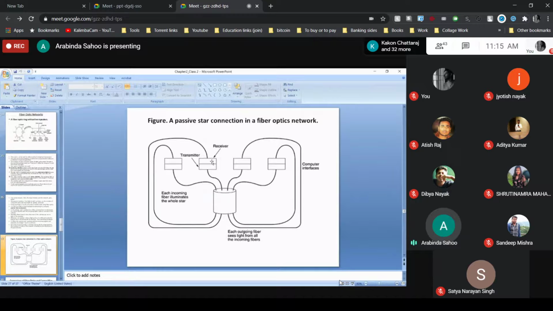But the problem with this type of network is that it is normally used when the distance between your transmitter and the receiver is low. This type of structure, the passive star connection, is normally used.